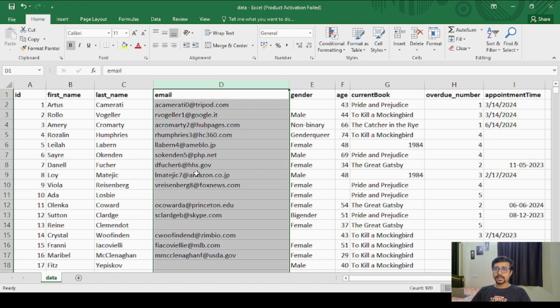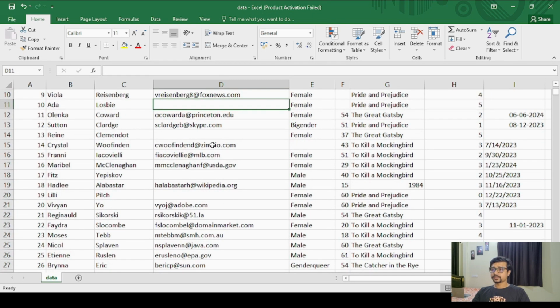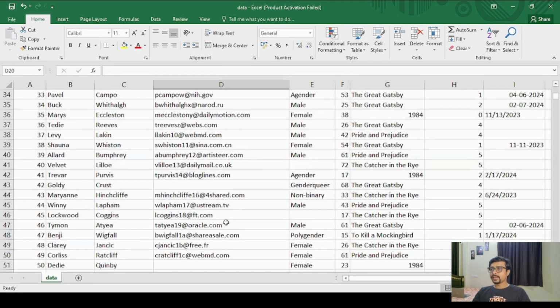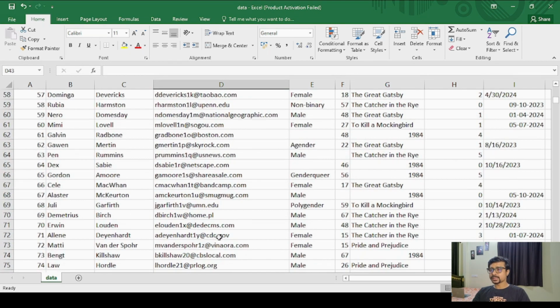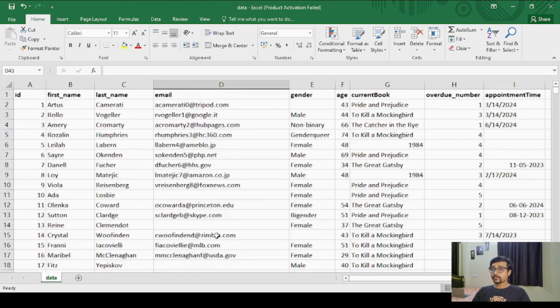If you see, there are some emails, and in some cases the emails are missing, and there is no particular pattern I can detect. There are many places where emails are missing. So this is your first scenario, where emails are missing. To handle this scenario, there is no way I can keep those records, because without an email the data itself is incomplete.